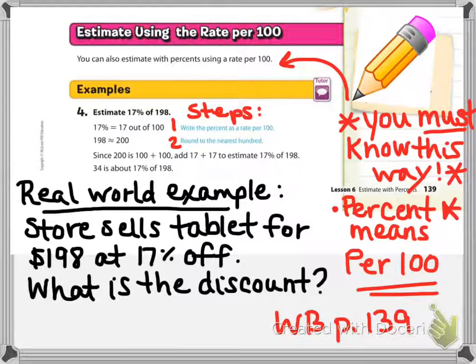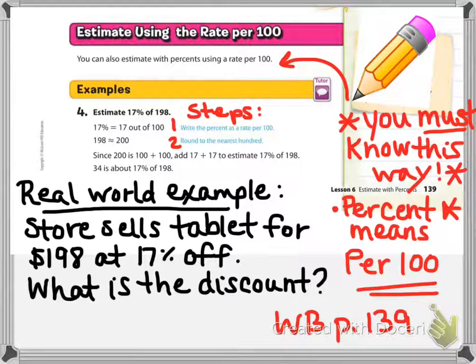Since 200 is 100 plus 100, then you would add 17 out of 100 twice. 17 plus 17 is 34. Or you could say 17 times 2 is 34. 34 is about 17% of 198.